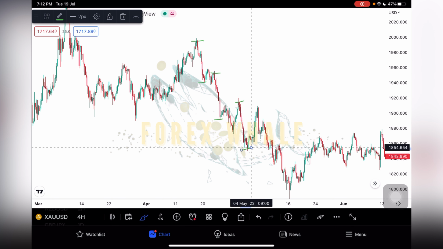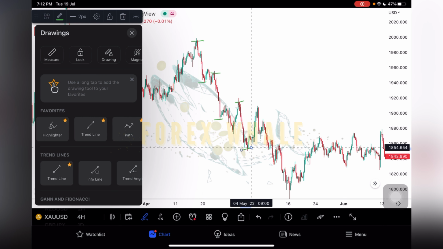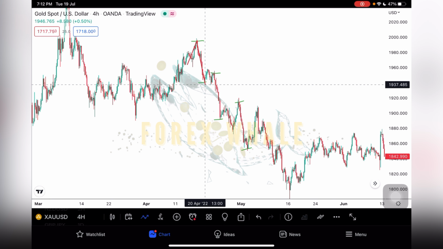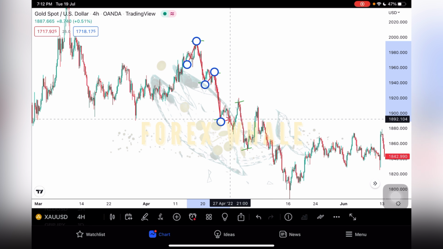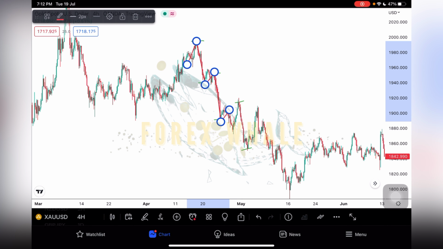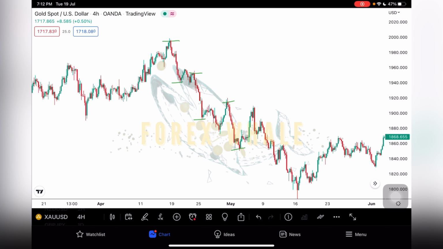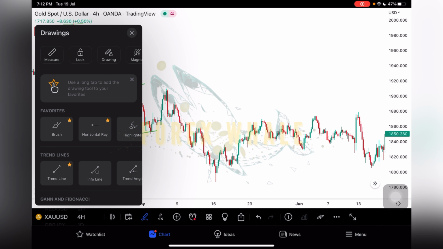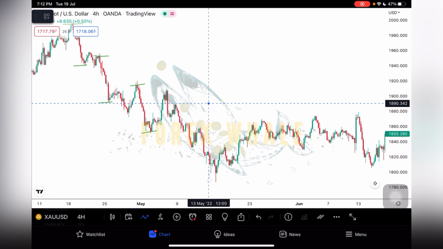So you can see that price created this move. I'll just use this path to help me see what's going on in the chart. Just bear with me for a while. Let's just take this one here.